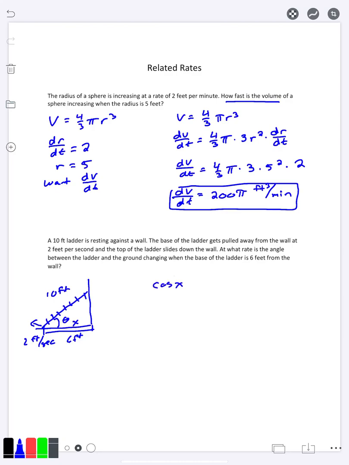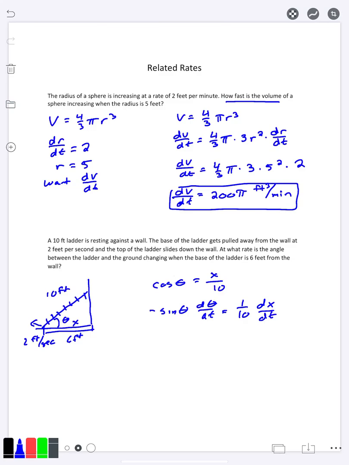Cosine theta would be x over the hypotenuse of 10. And so then we could take derivatives of both sides and get negative sine theta d theta dt is equal to 1/10 dx dt.